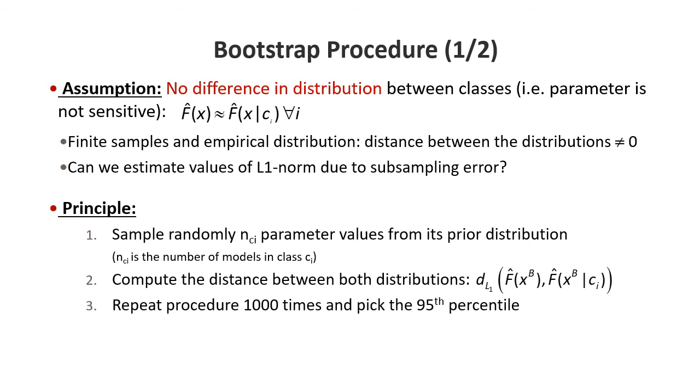And so if I can generate more samples from these initial distributions, what would be the typical variation that I would observe if I resample from these distributions? So for each class, we resample from the distribution, assuming the uniform distribution in our particular case, we compute the distances between those distributions each time, and we get a different distance, which reflects the variation of our distance. Repeat that many times, and then we can calculate percentiles of that distribution.